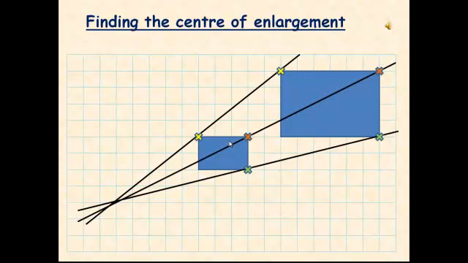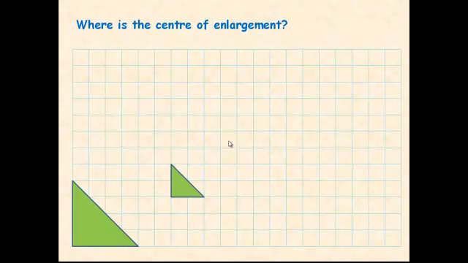Now, where is the center of my enlargement? It is the red point. I need from all of you now to find the center of enlargement for this shape and its enlargement.